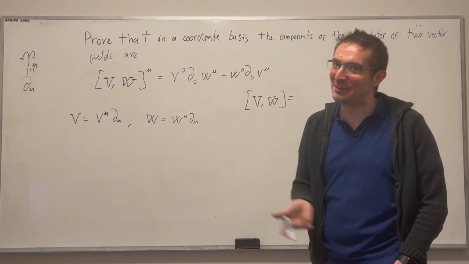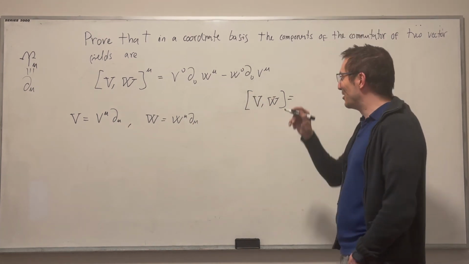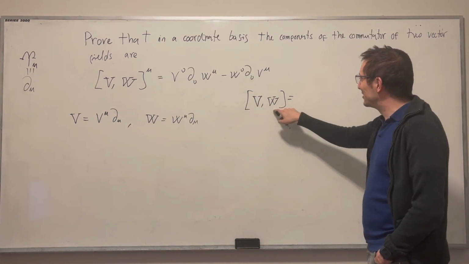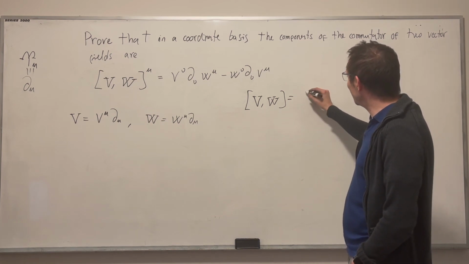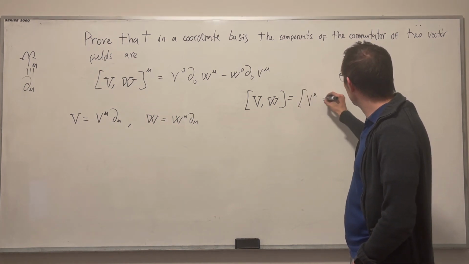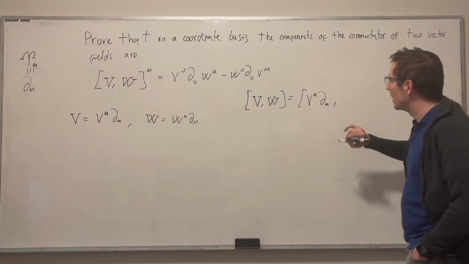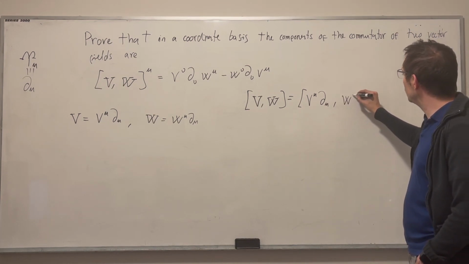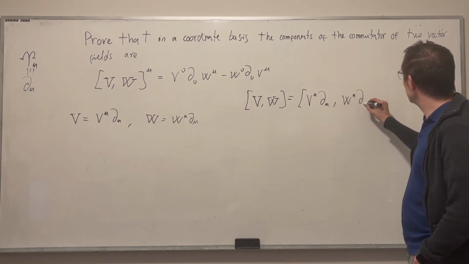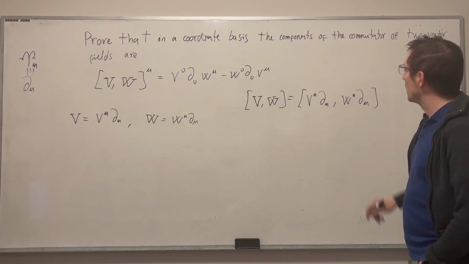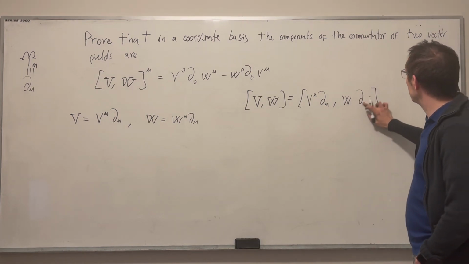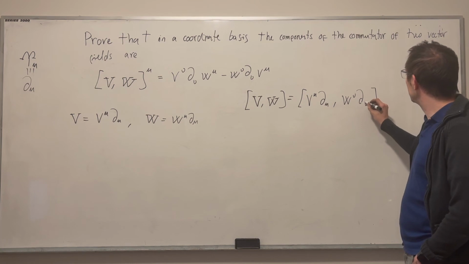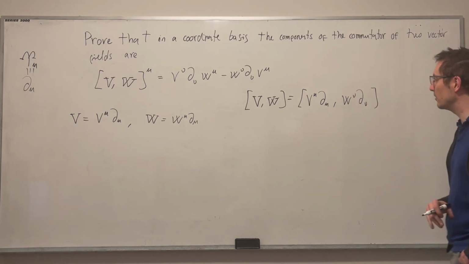Let's see what we get. I get V^μ ∂_μ, and then W^μ ∂_μ. Maybe I can use a different index for this one. It's a dummy index, so I can use whatever I want.